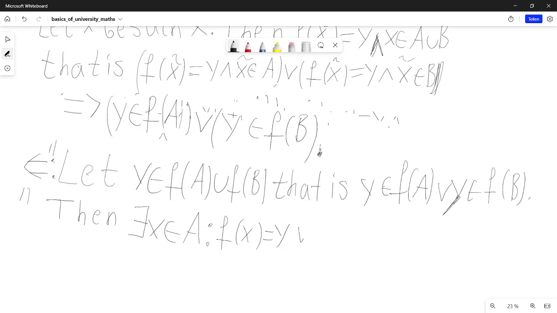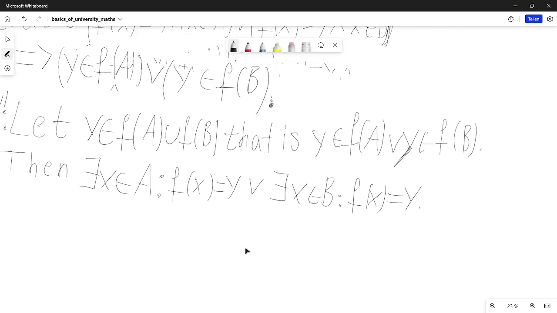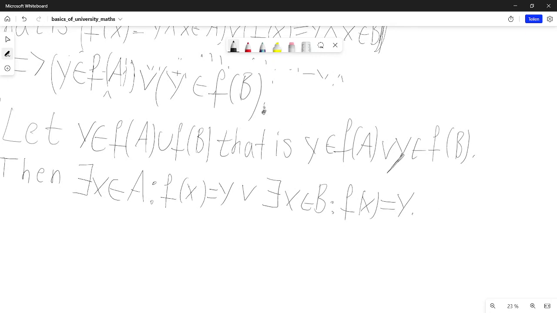Or there exists x element B, f of x equal to y, right?